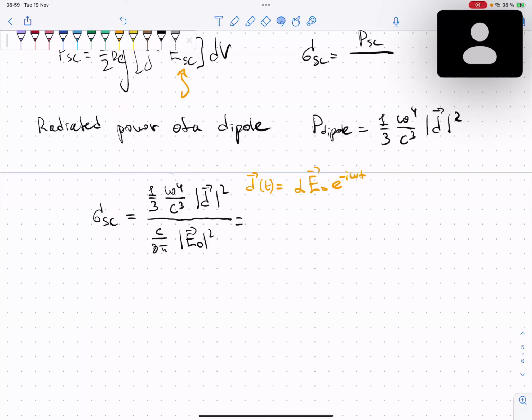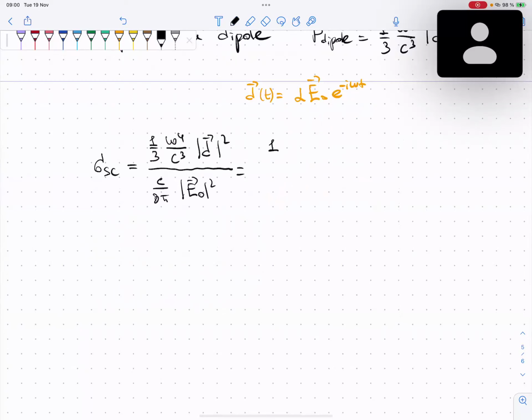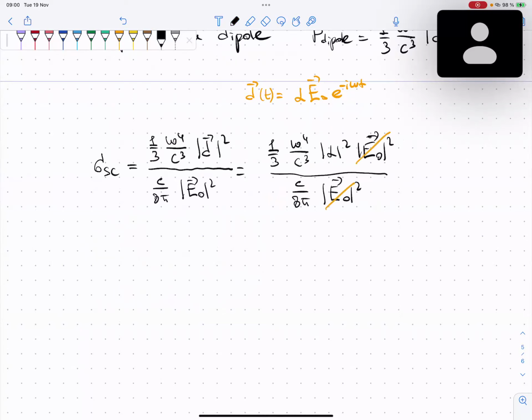So this becomes 1/3 omega 4 c to the third power alpha squared E0 squared divided by c over 8 pi E0 squared. Once again, we cancel out these terms.